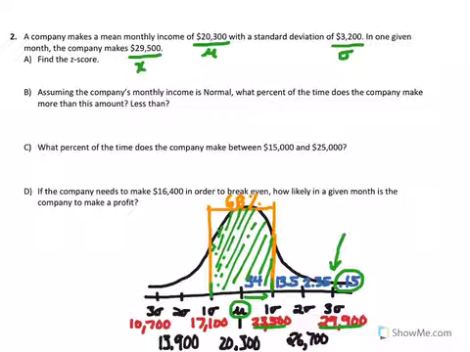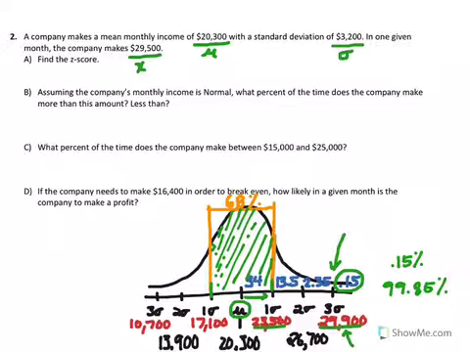So we would know if for example, they made 29,900 exactly, we would know that 0.15% of the time it is likely that they would make above what they made in 29,900. And usually the case is for 99.85% of the time, they're going to make less than that.